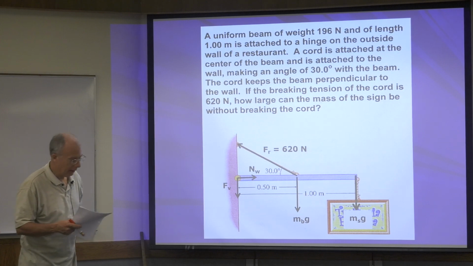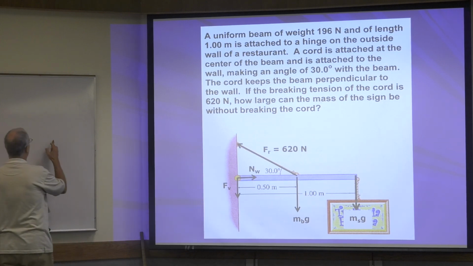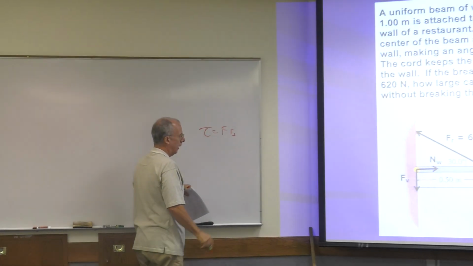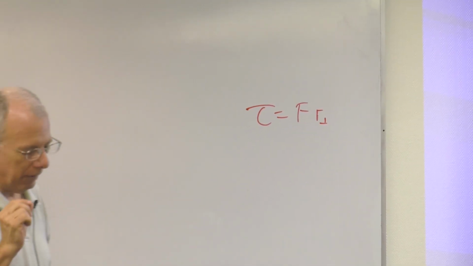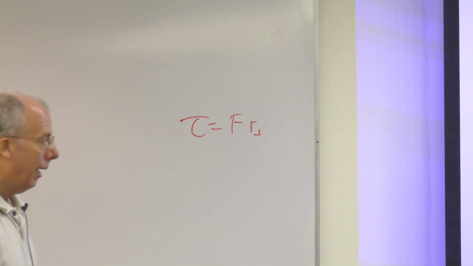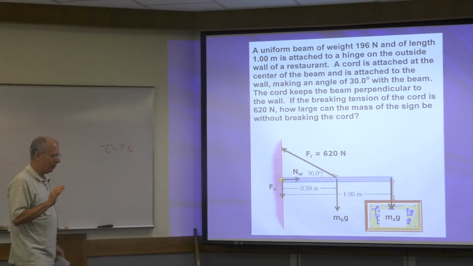But you want to remember, torque equals the force times the lever arm. And so if you put the rotation axis at a place where the lever arm is 0, that's a good thing, right?